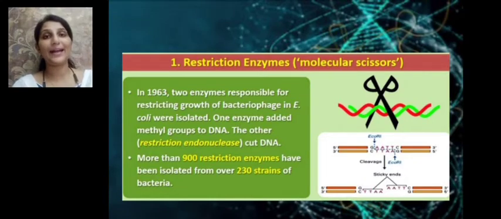One acted by adding methyl groups to DNA, and thus the DNA was inactivated. The other enzyme cut the DNA, and those enzymes which cut the DNA were called restriction endonucleases. More than 900 restriction enzymes which cut DNA have been isolated from about 230 strains of bacteria.